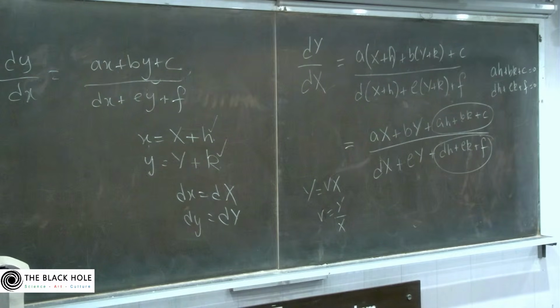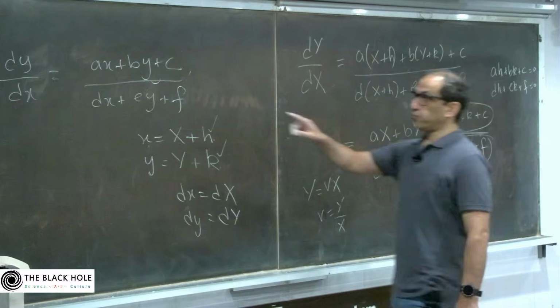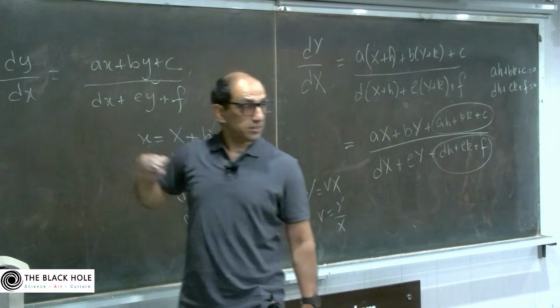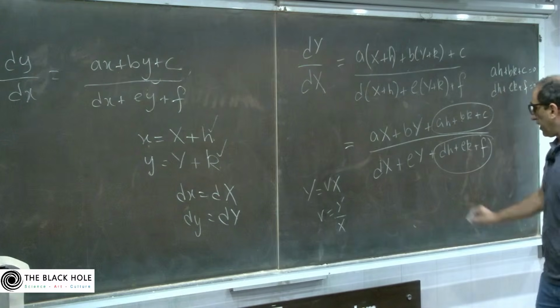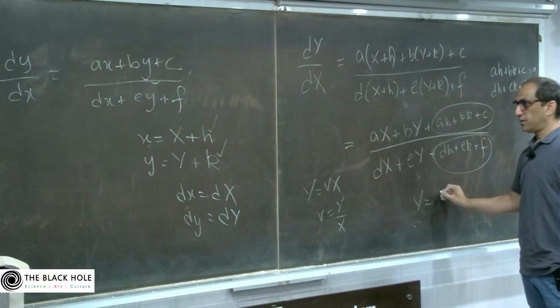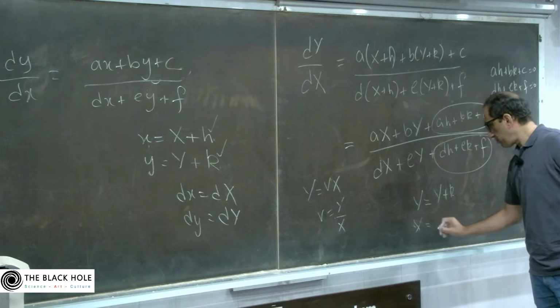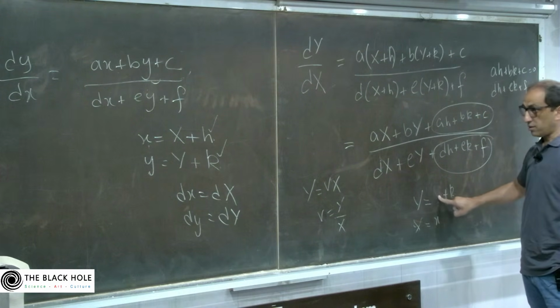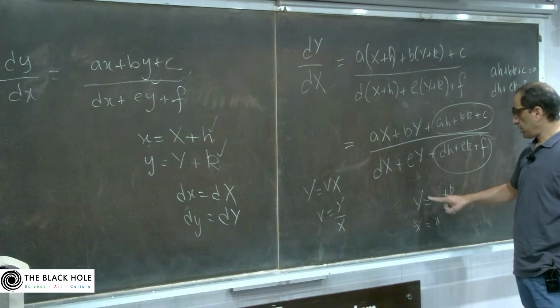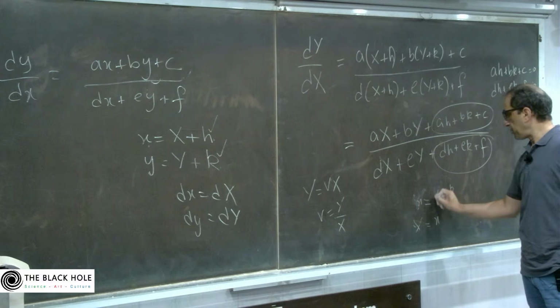But the situation is still not done because this was in small y and small x. So then you will have to eventually make this y plus k and x is equal to, sorry, small x is equal to capital X plus h.